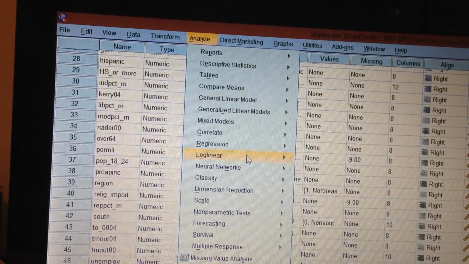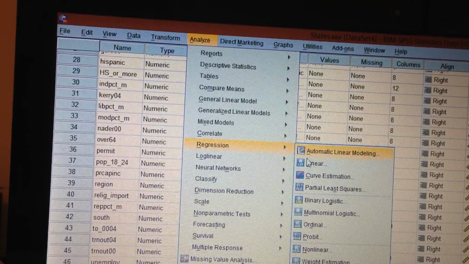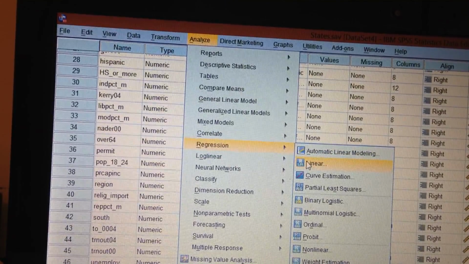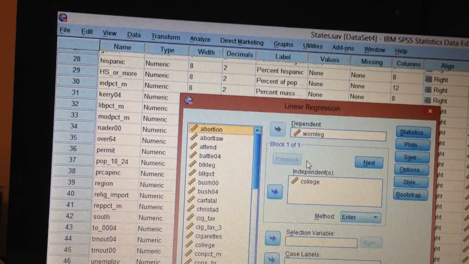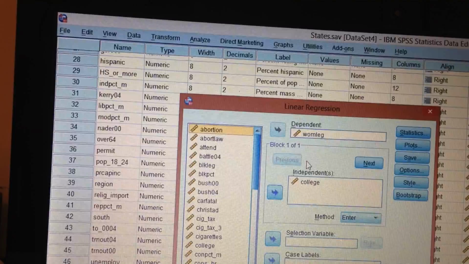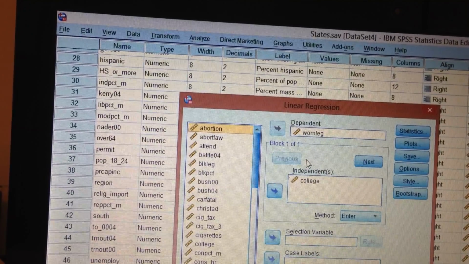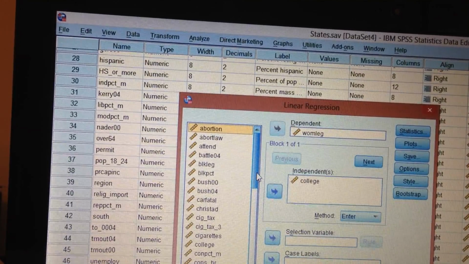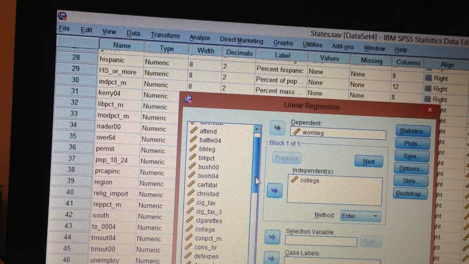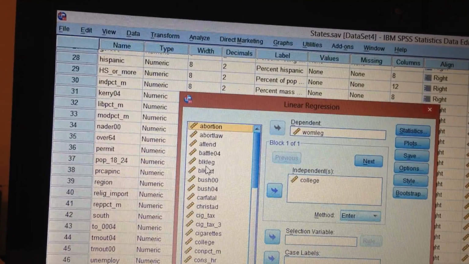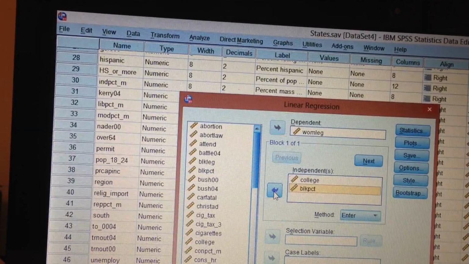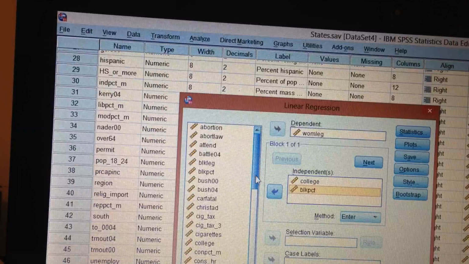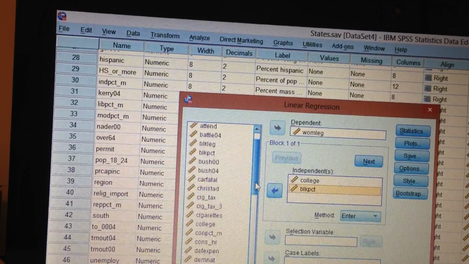So let's go back up to analyze. We're going to go back to regression. We're going to go back to linear. Oh, hey, just like we said with SPSS, the variables are still in there. All right. Now, let's go down to black percentage. And let's move that. Oh, look, now we have 2 independent variables. How exciting.